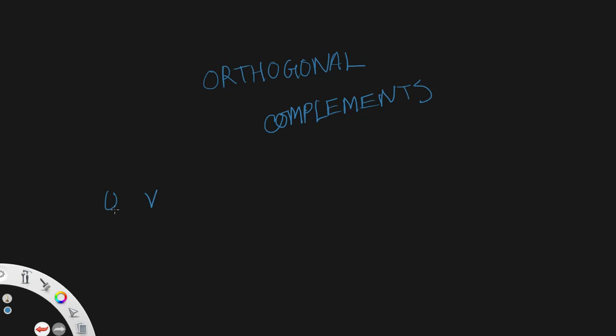They're called orthogonal if any vector from U, let's say small u, and any vector from V, let's say small v, are perpendicular to each other, which means if you take the dot product or inner product, you will get 0, which means these two vector spaces are orthogonal. Let me recap. Any vector from this space, any vector from this space, if they are orthogonal for all vectors of these vector spaces, we say that the vector space U and the vector space V are orthogonal.